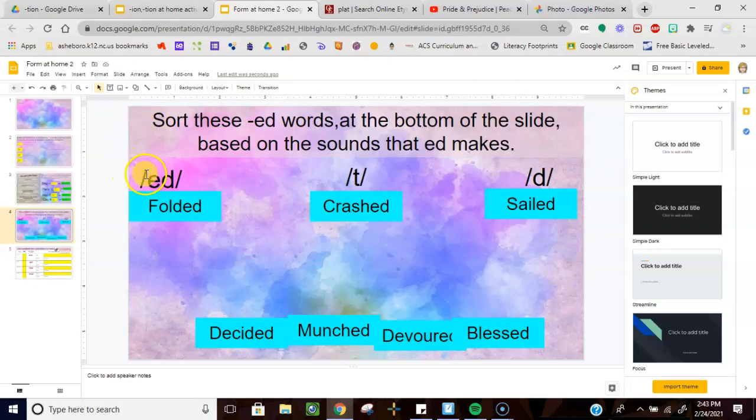So we have ed, t, and d, like in folded, crashed, sailed. And you have 4 words down here. You're going to sort these words based on the sound that that ED makes. So this side, ed, munched, devoured, blessed. Okay? Then come down here to the 5th slide.